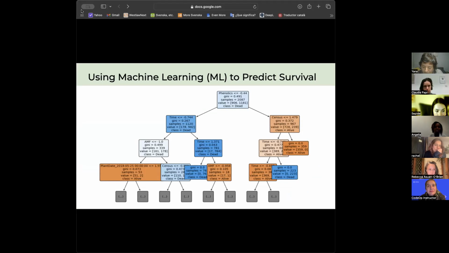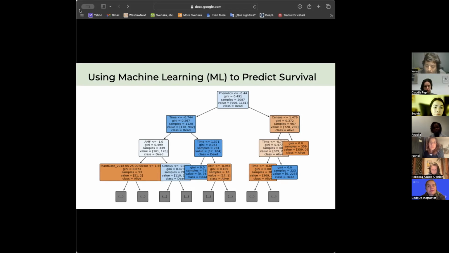So this will be split to the left, the blue side, the blue one. So you have time. In this case, time is the point at which the sample was tested, testing to determine if it's alive or dead, and also measuring the structural traits, that is the lignin, phenolics, and the non-structural carbohydrates.